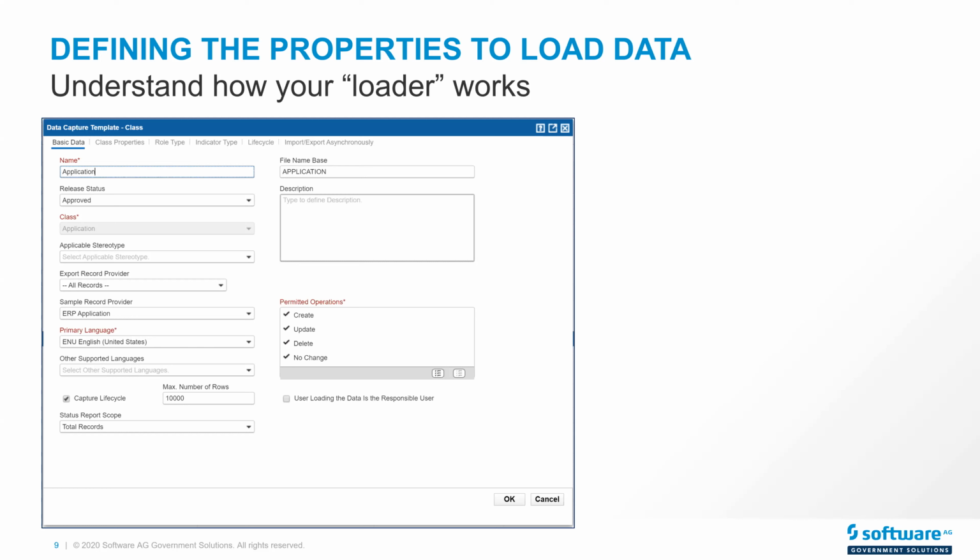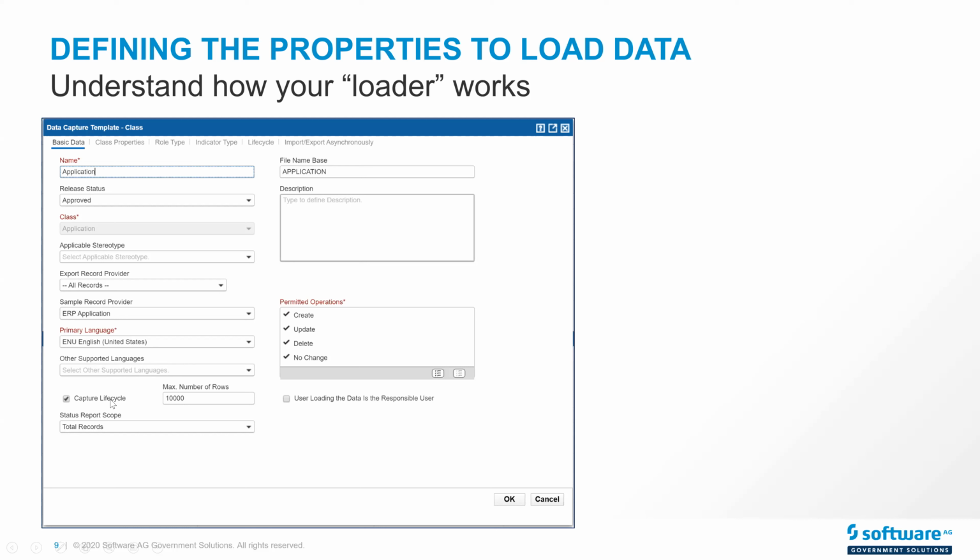This is how Alphabet works: we look at the way to create an Excel file that is named and defined for what you want to use it for. So we want to say this is for applications. We want to say those applications will be in approved status. The class in the metamodel is the application class. Give me a sample record.